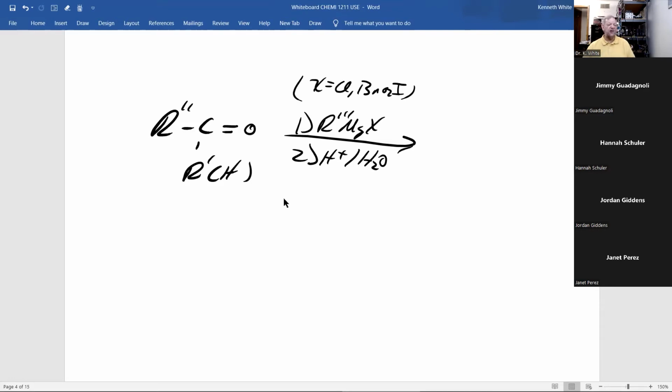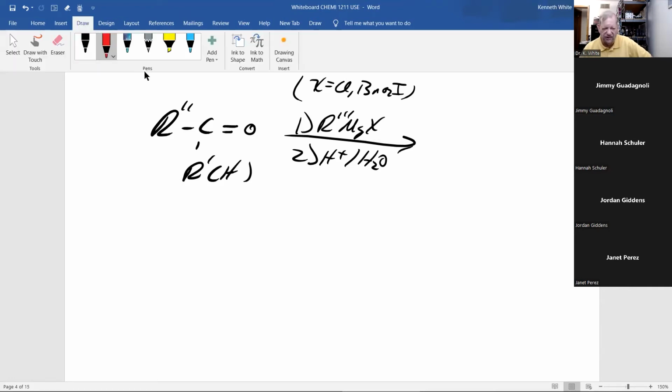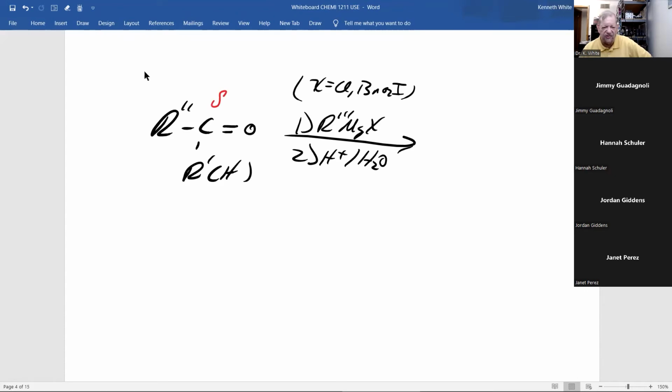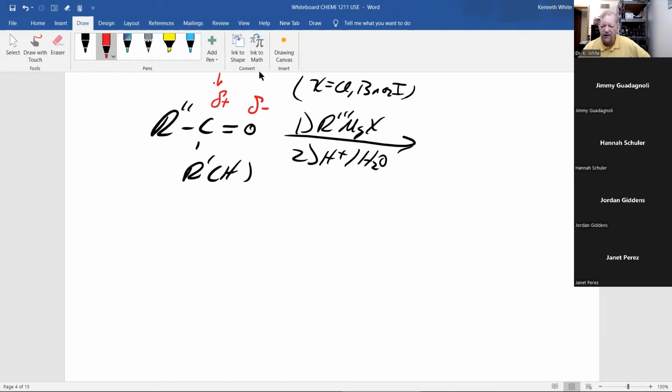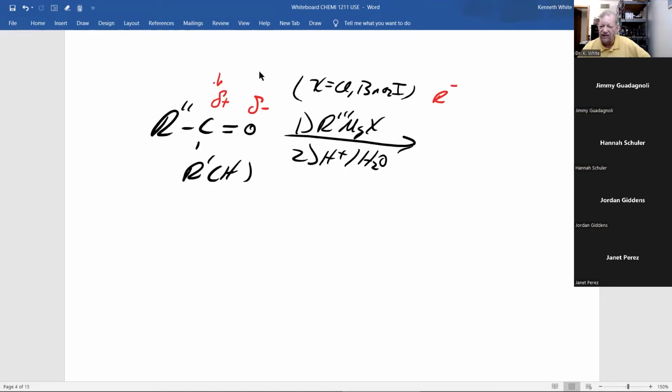Now, I'm going to show you something you don't have to write down. First of all, as I mentioned earlier, the carbonyl carbon is slightly positive. That little delta here means slightly, and the oxygen is slightly negative. Now, when you react that with the Grignard, think of the Grignard as R minus, sort of like that, MgX plus.